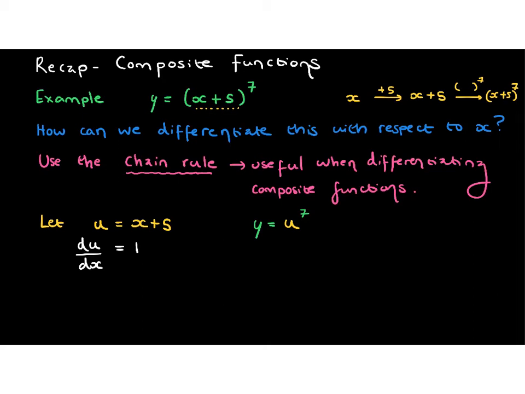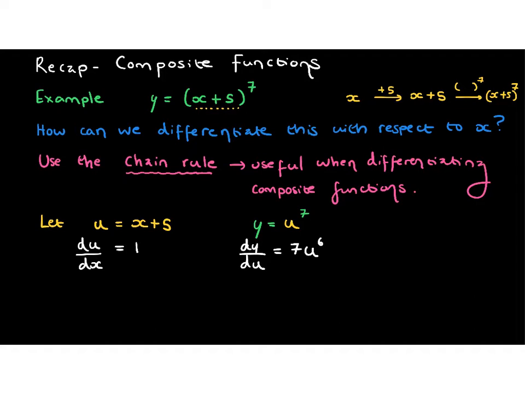And I'm then going to differentiate y with respect to u. So this gives me 7u^6. Perfectly okay. y is set up in terms of u here, and I'm differentiating y with respect to u. So the differentiation is perfectly valid here.